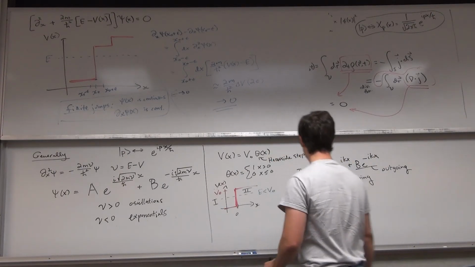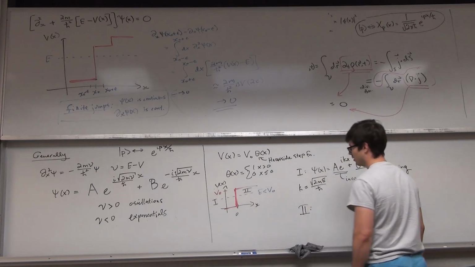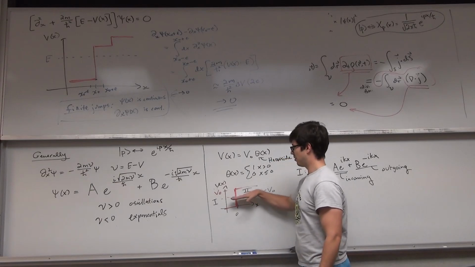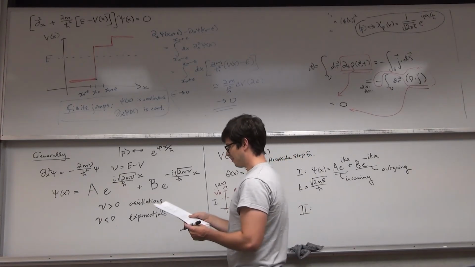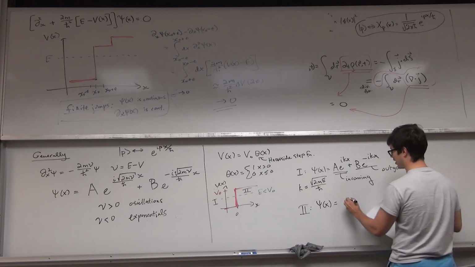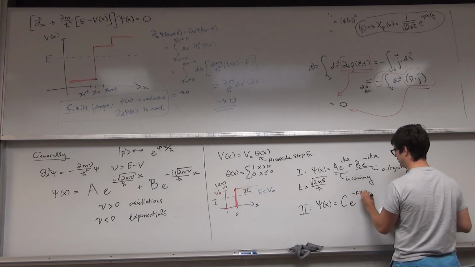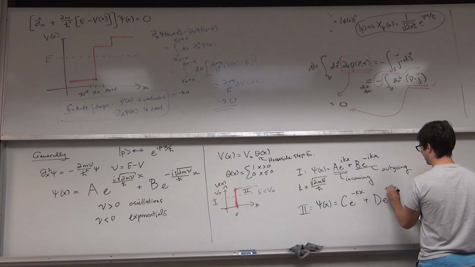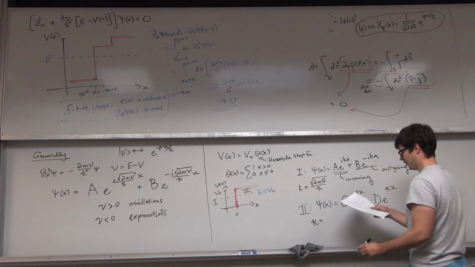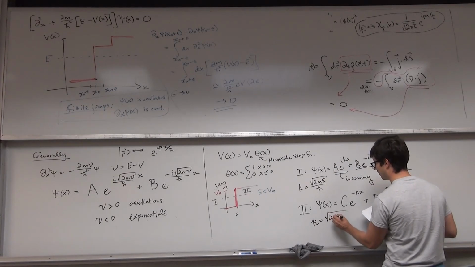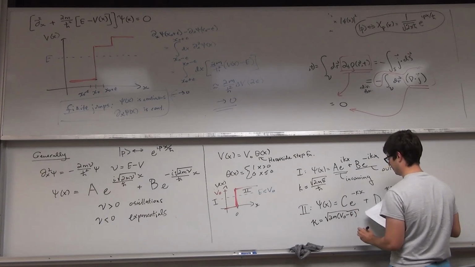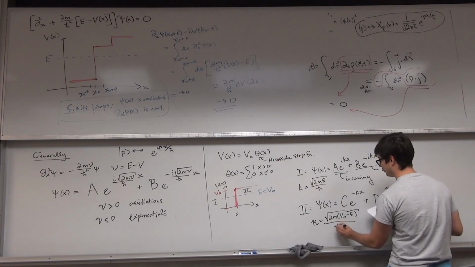And okay, so we have that. And what happens in region 2? Well, in region 2, we know that we have exponentials because E is smaller than V naught. So what does that mean? It means psi of x is equal to some other coefficient, c e to the minus kappa x plus d e to the plus kappa x, where kappa is the square root of 2m (V naught minus E) over h bar.